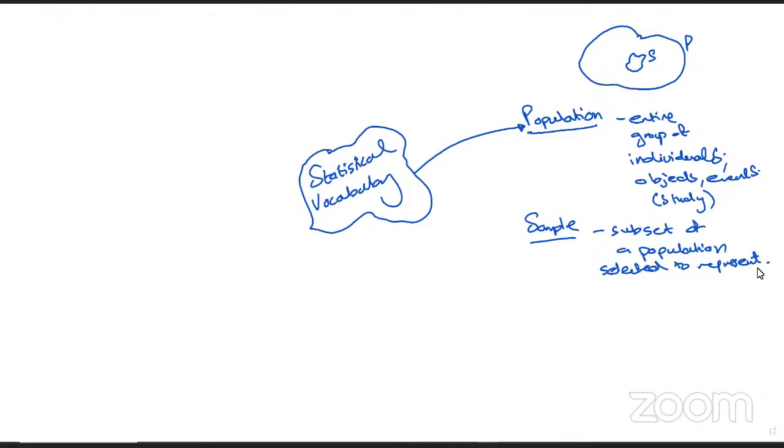For example, a sample could be a group of 1,000 students selected from a population of students. But remember, these groups will have certain characteristics that are representative of that population.